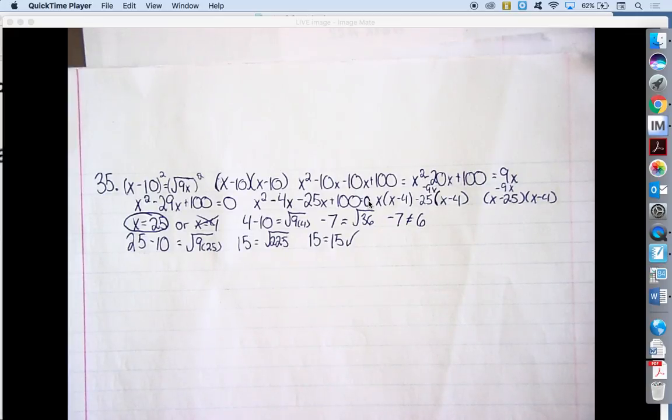Negative 6 equals the square root of 36. Negative 6 does not equal 6. Plug 25 in. 25 minus 10 equals the square root of 9 times 25. 15 equals the square root of 225. 15 does equal 15, so 25 is the answer.